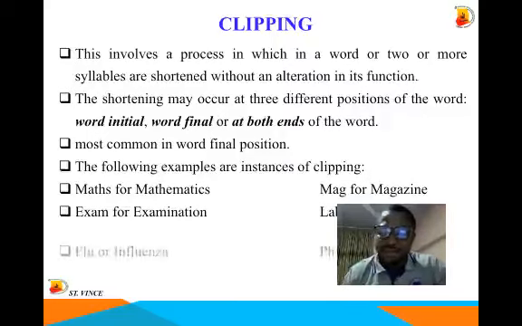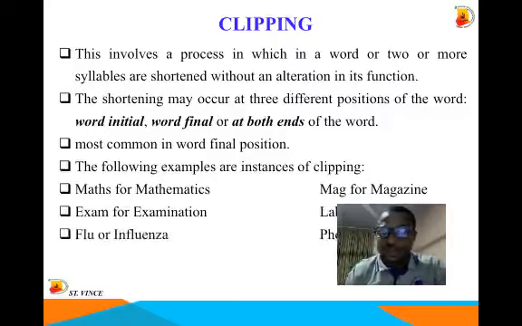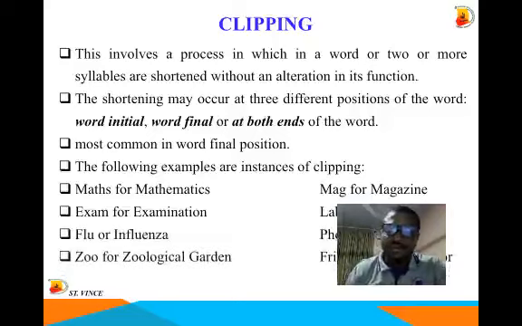We have lab for laboratory. We have flu for influenza, phone for telephone, and so on. We have zoo. Zoo actually means zoological garden. And fridge for what? Refrigerator. So basically, we look at all the words and you realize that there is something that we have taken off, and the part that has been taken off. So if I say math, it's a noun.